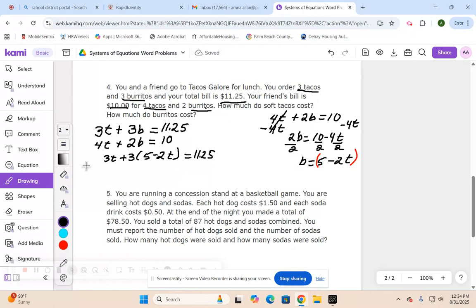All right, so let's go ahead, distribute and simplify. So this is going to be 15 minus 6t equals $11.25. Let's get the t's together. Combine like terms. We're going to have negative 3t plus 15 equals $11.25. Let me fix my equal sign.